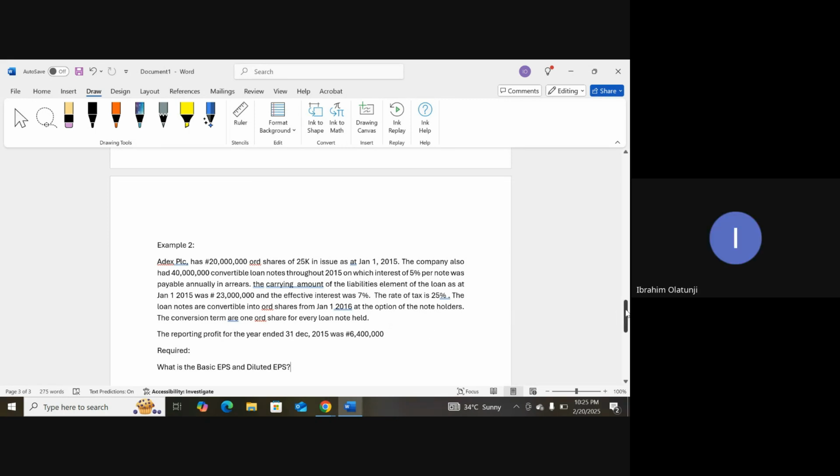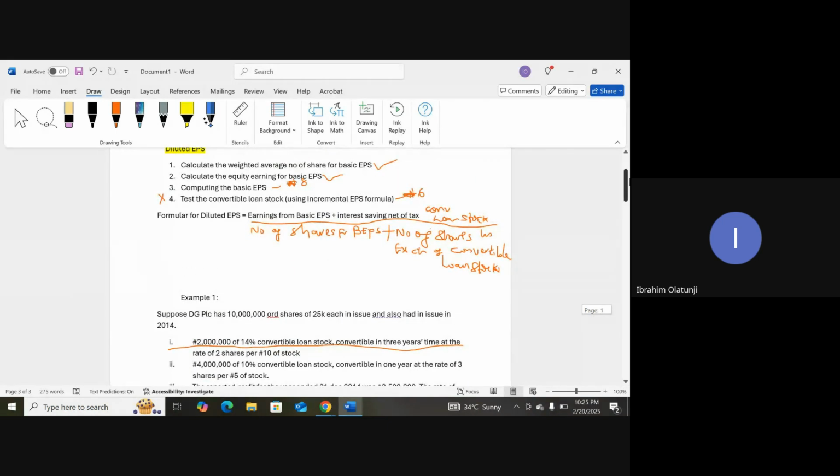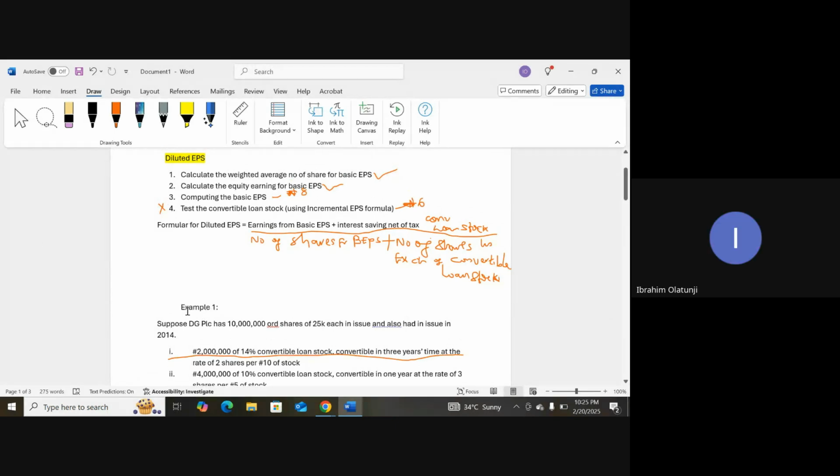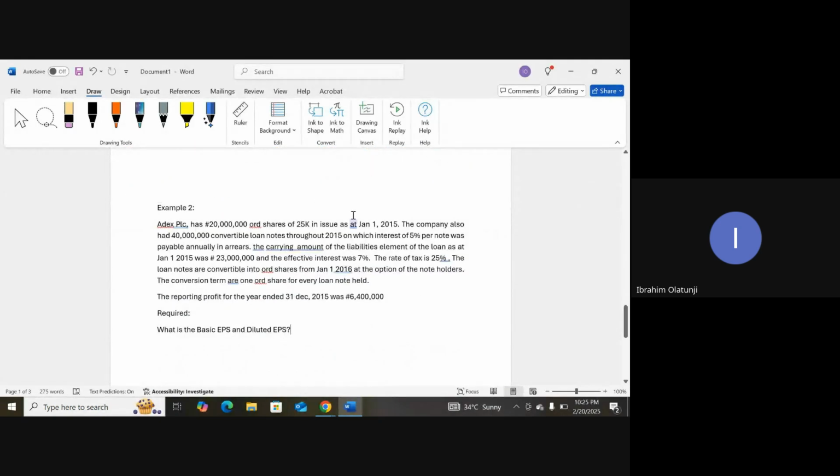I want you to understand something. Look at the first question I did here: I didn't put naira. Then here I put naira. So you need to understand the concept of the one without currency and the one with currency.